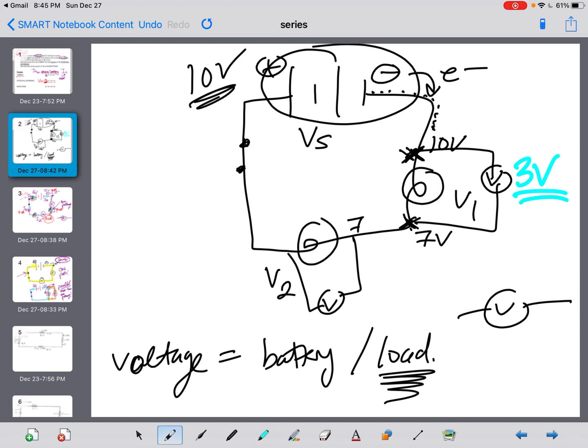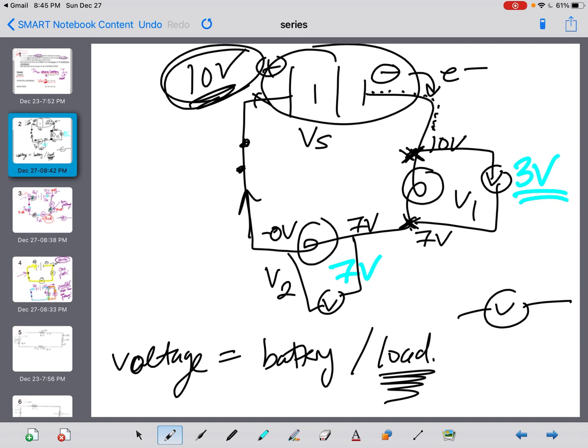It's going to enter into this bulb with 7 volts and leave, let's say, with 0 volts. Okay? So what that means is at this location, it spent 7 volts. This was a 7-volt light bulb, and that was a 3-volt light bulb. When it returns, those electrons have now 0 energy.